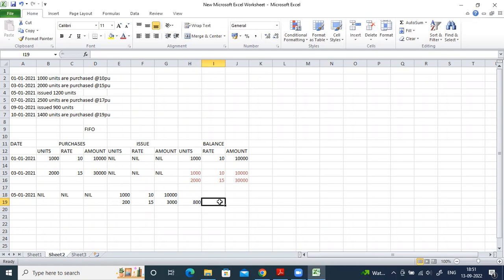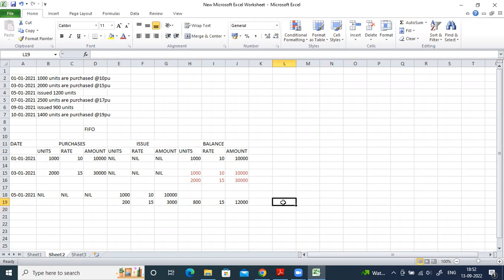Yeah, because already the first lot is completely completed. And out of the second 2,000, we issued 200. So we have 800 left. So 800 into 15, how much will it be? 12,000. I believe it is clear.